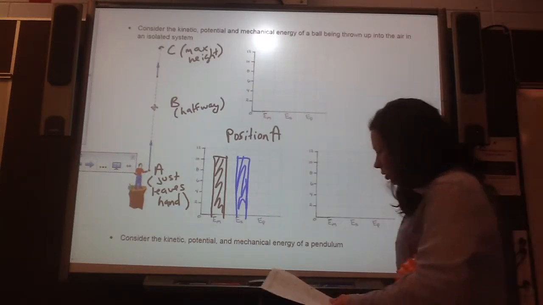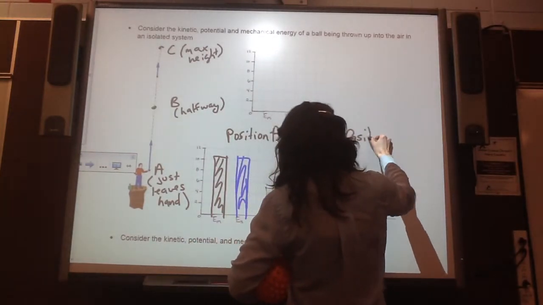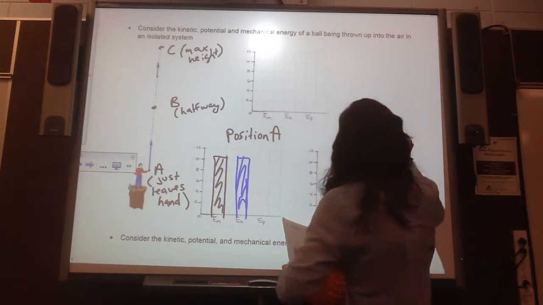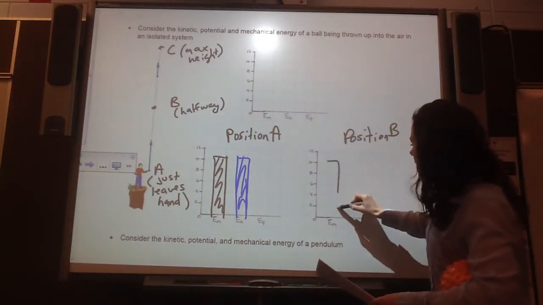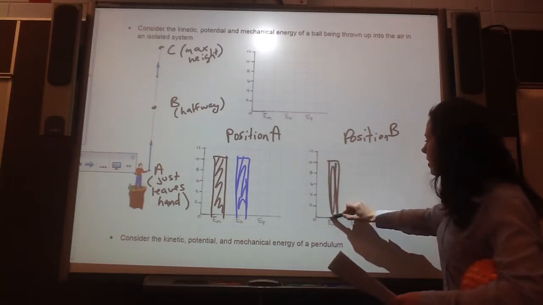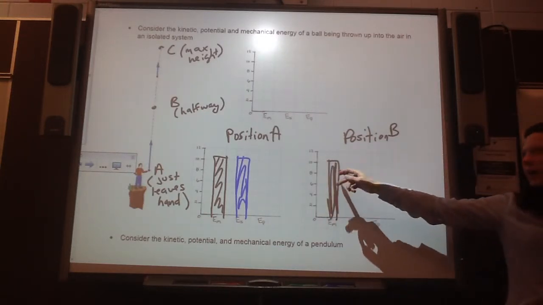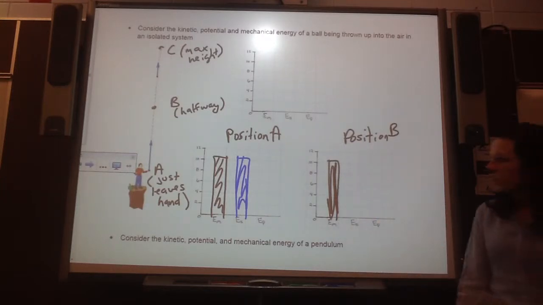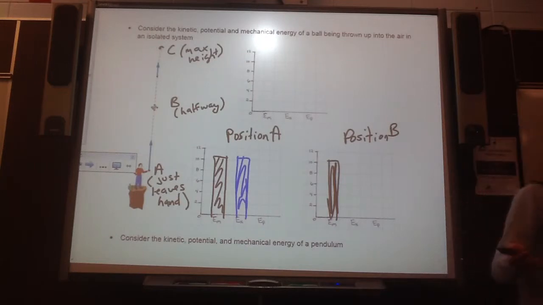So now let's do position B right here. All of EM needs to equal 10, because that stays the same. According to the law of conservation of energy, EM has to equal 10. But what should my EK be about? What would you guess?